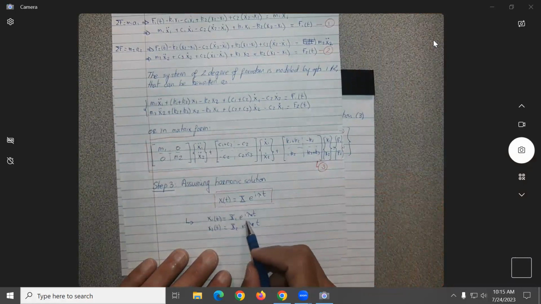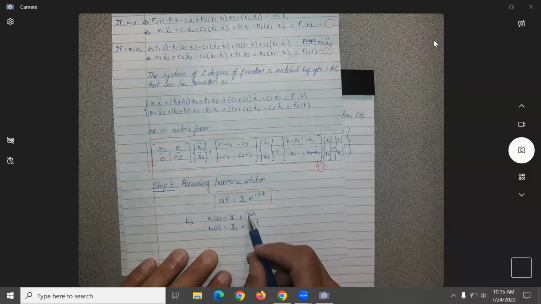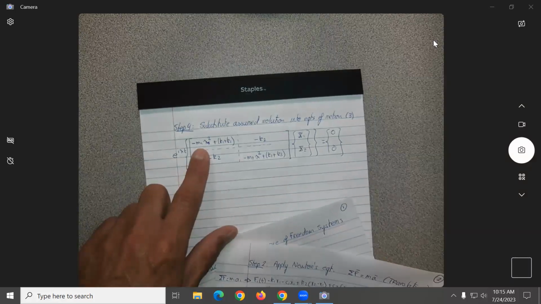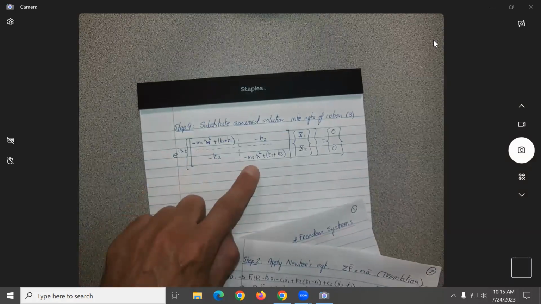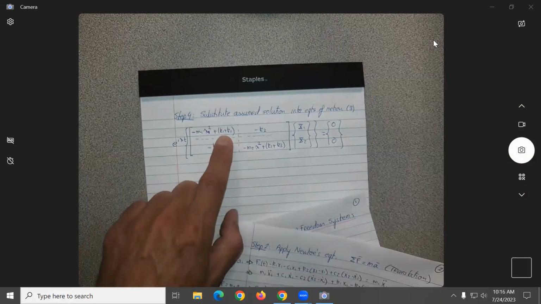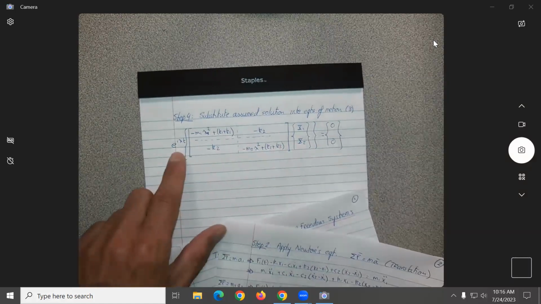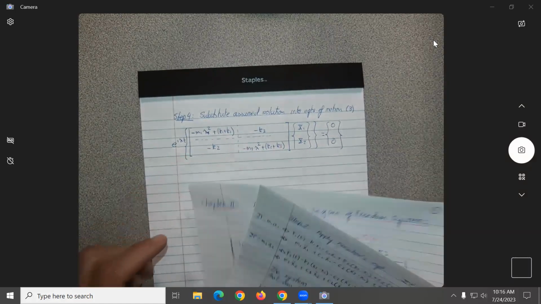It will be i lambda, correct, we have the i lambda X1 exponential, and then the second derivative will be minus lambda square, no? That's why we have here this term minus lambda square, one for M1, one for M2. Then you see this one in function of X1, X2, and the e^(λt), no?